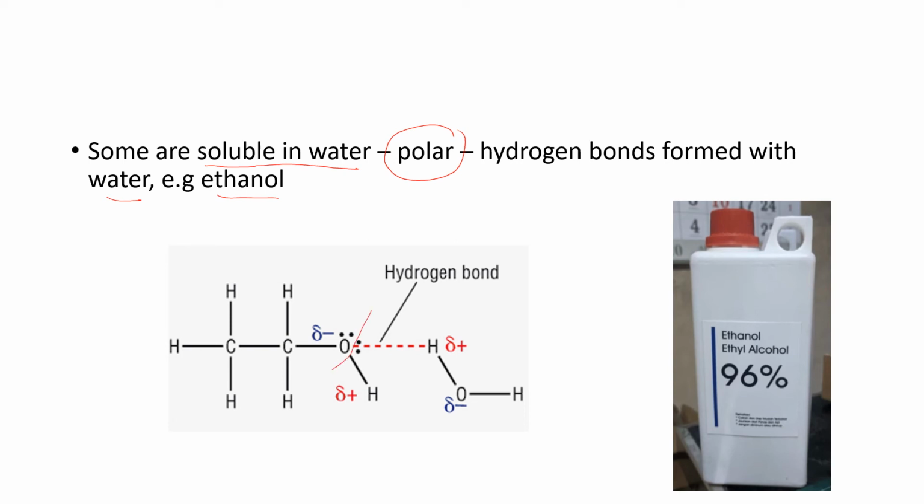Here is the ethanol, and here is water. The oxygen of ethanol is very electronegative, and the oxygen is bonded with H, so there is a hydrogen bond between O of ethanol and H of water. That's why ethanol dissolves in water.